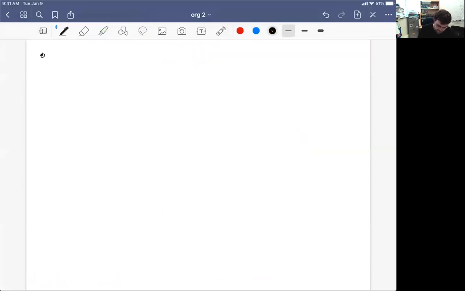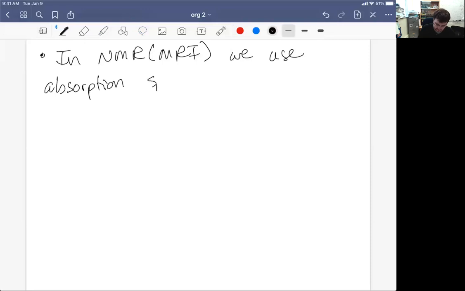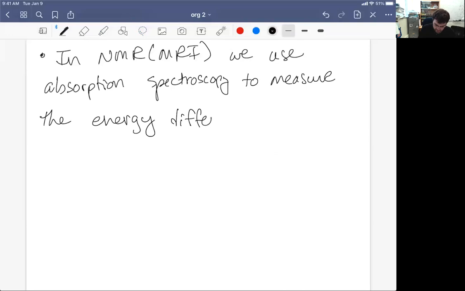And maybe you can see what's happening here, but in NMR, and MRI for that matter, we use absorption spectroscopy to measure the energy difference between the alpha and beta states.